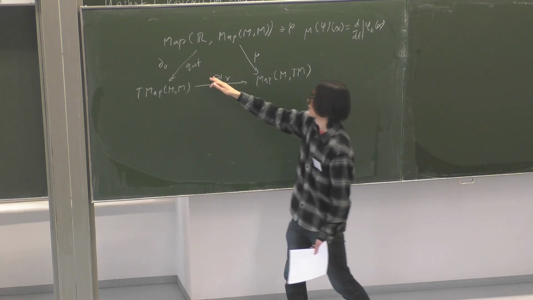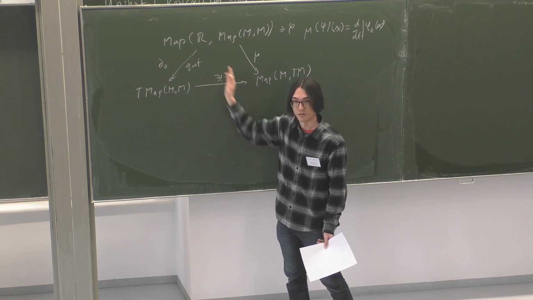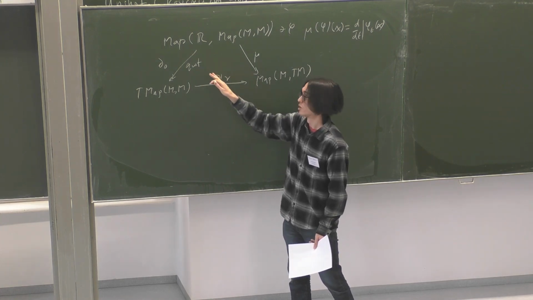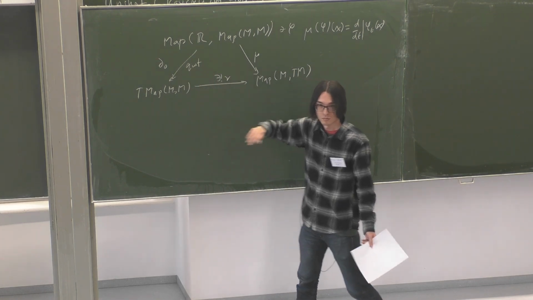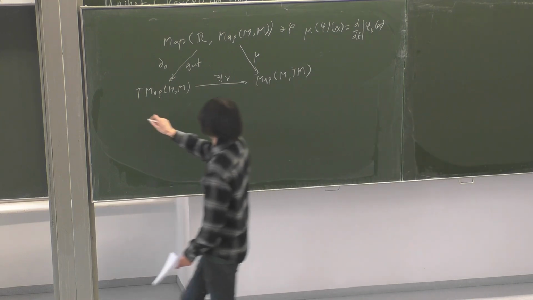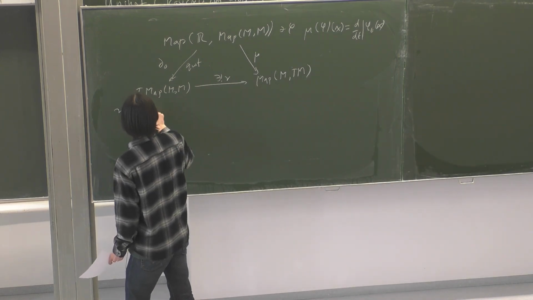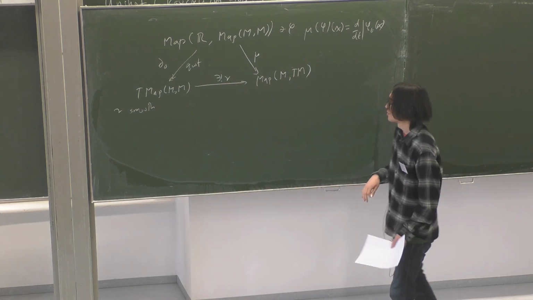And because this is a quotient, I don't need to really say what nu is on elements, right? By the universal property of quotients, as long as you check that mu is constant on the fibers, we get this nu. And nu is smooth automatically because of diffeological reasons for quotient maps.